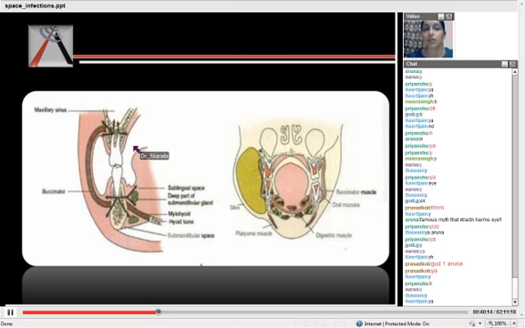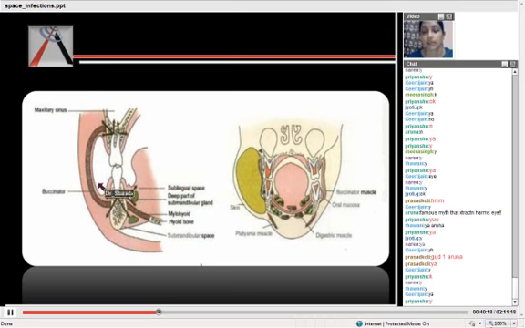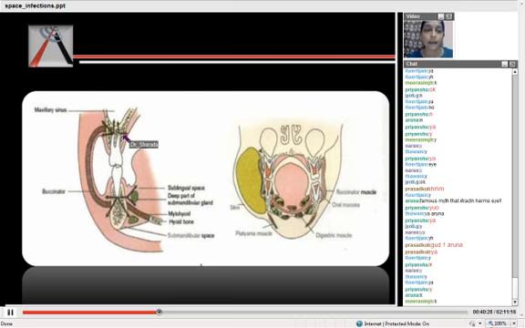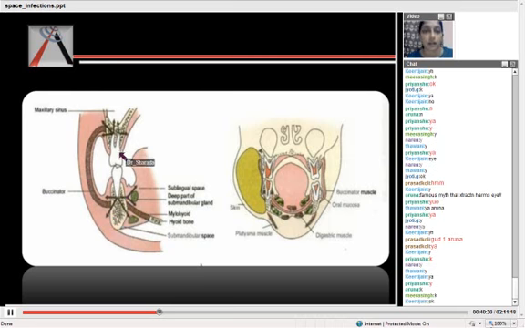Any direction it's going to go, it's going to ultimately affect your buccal space. You can say that it's like a connecting space for everything in the mouth. See here, it's going to connect your maxillary, mandibular, palatal, everything. Okay, so buccinator is there.